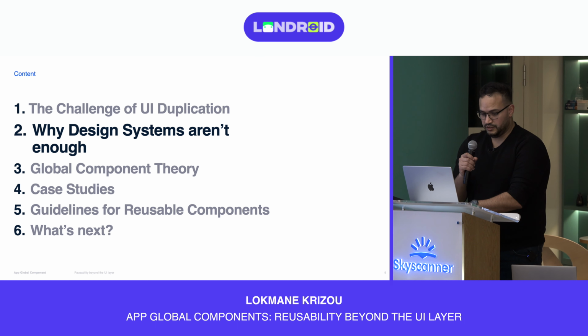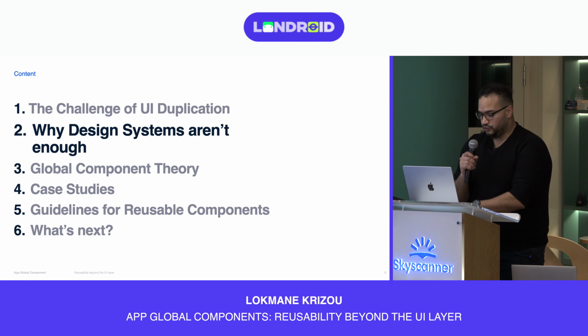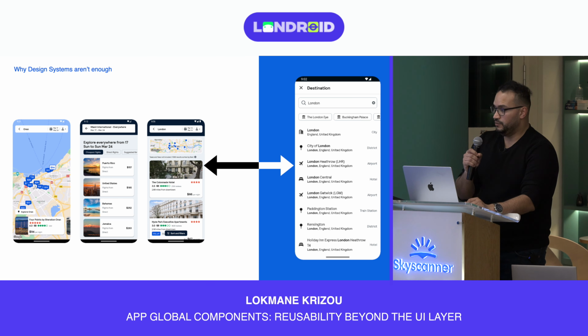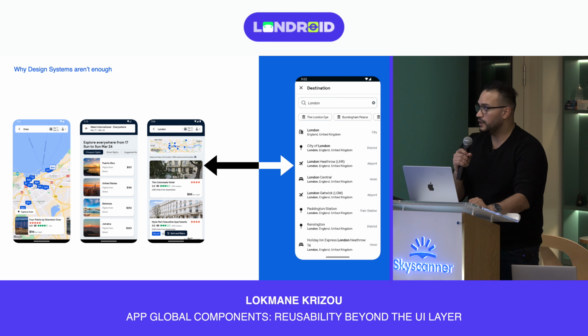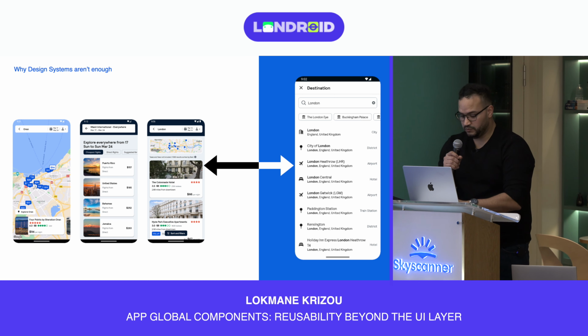But let's see why sometimes design systems are not enough for you to reuse your UI components or your features in general. So back again to the imagination, this time the project manager comes back and says, I need you to create this place selector component. As you can see, you just type the name, it gives you some results, and then you can select one of them.